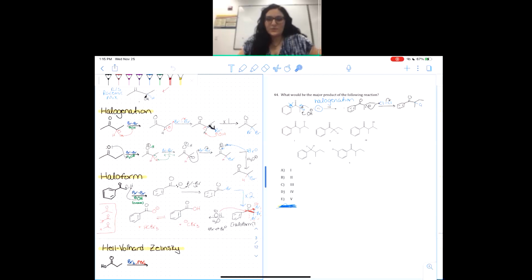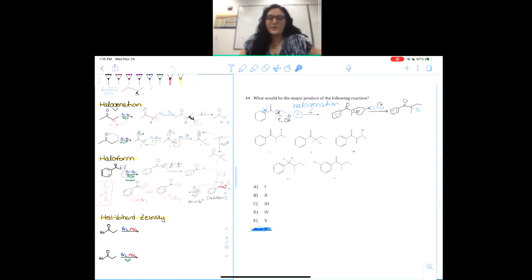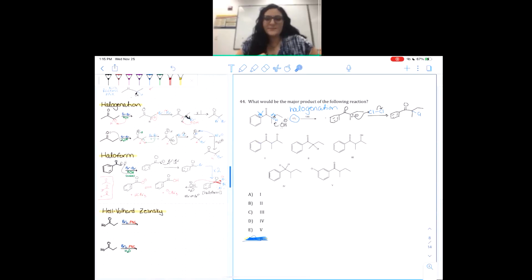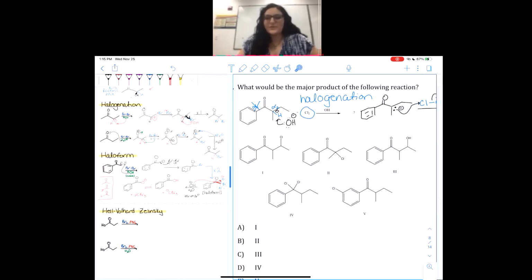So that is the rule, but why does that rule not really matter in this case? It's already fully substituted because we only had one hydrogen present. Perfect. So I'm going to close this side.